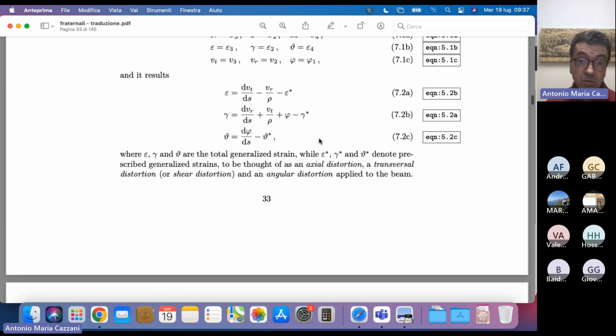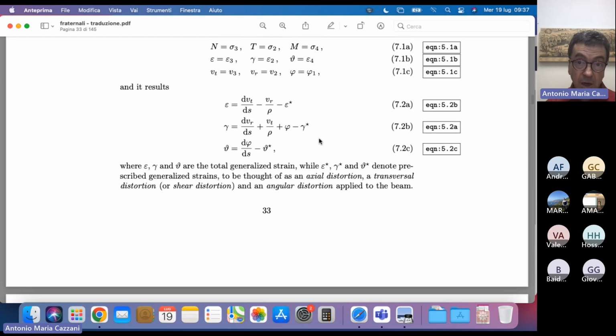As we see, both these equations are coupled, in the sense that the tangent behavior in terms of epsilon involves both tangent and radial components of displacement, and the shear strain is linked to both the radial and tangent displacement and also to the rotation phi.